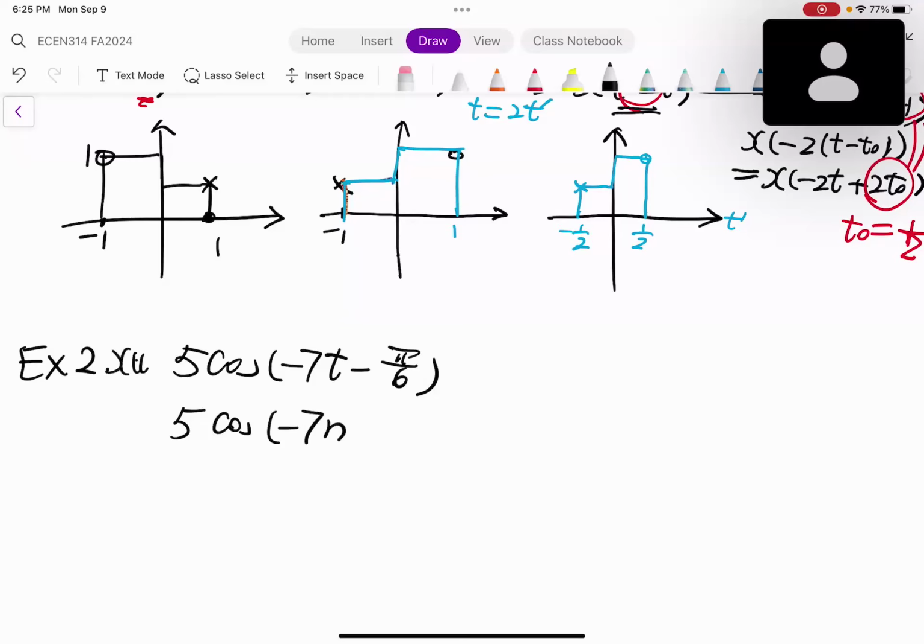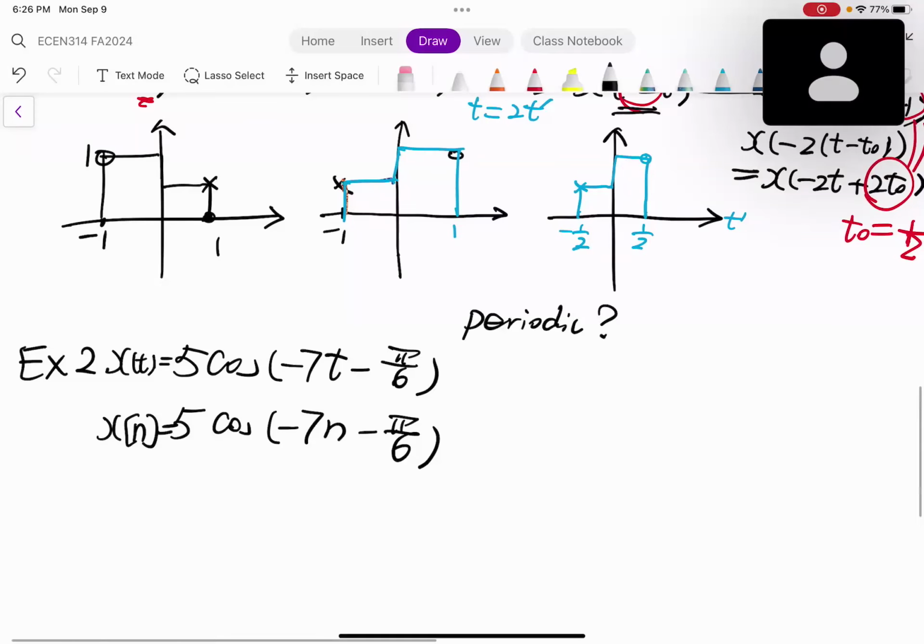One is x of t, one is x of n. Okay, are they periodic? What is your answer? Are both periodic? Yes, both are periodic, because cosines are sinusoidal. Is that right?